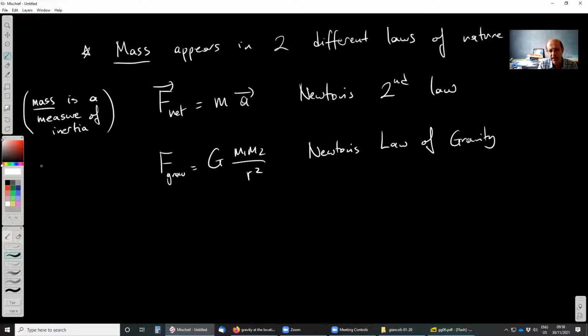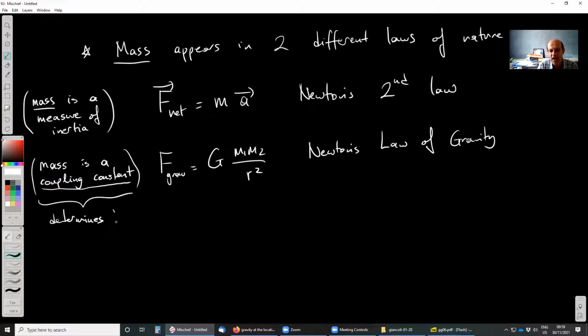Here, however, mass is a coupling constant. It's called a coupling constant because that's the term that physicists use to express this. Basically, it determines how strongly an object couples with this gravitational force. Let me write it down like this.